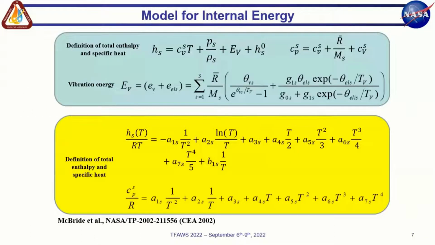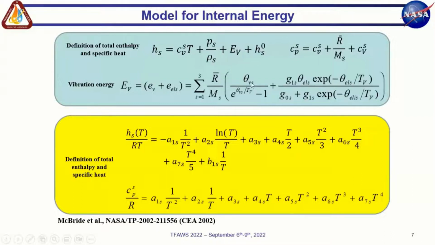As I mentioned, for the model of the internal energy, these solvers include two types of models. The first one is where the total energy is just the summation of each energy mode: the translational, rotational, and vibrational, so basically the energy modes are summed up.